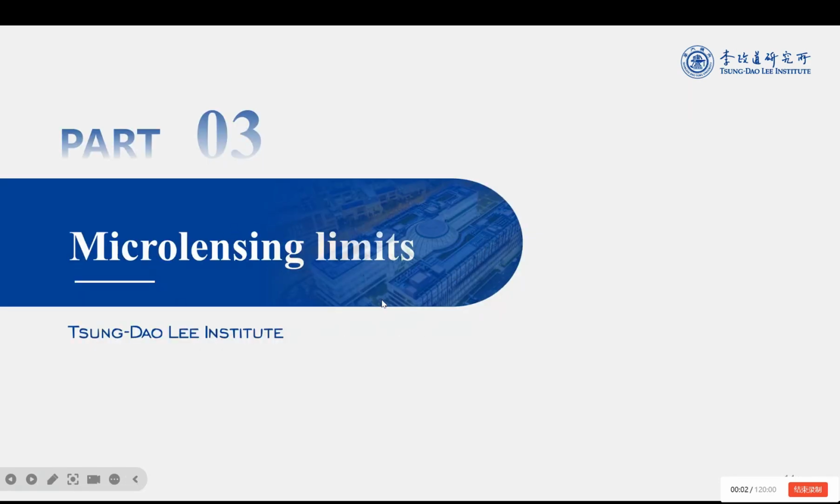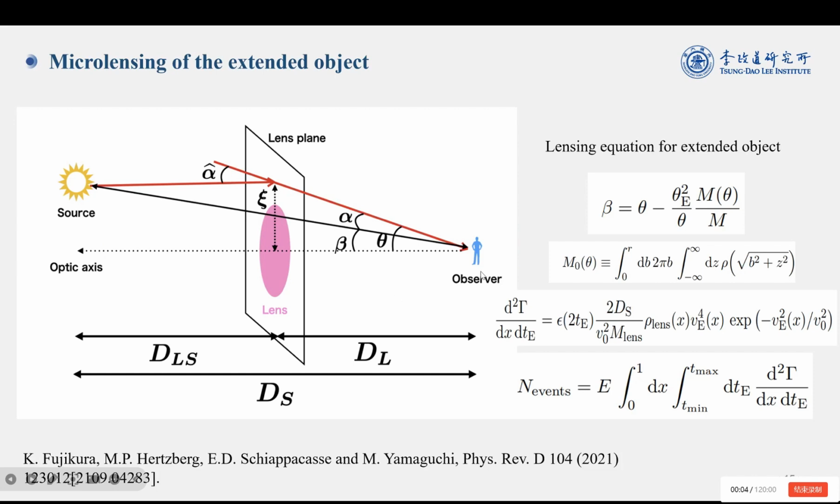Lensing limits for the axion stars. Here is the basic setup of our lensing system, where the observer and the lens determine the optical axis, and the axion star profile will project on this lens plane. And by solving the equation for the extended object, we can find the microlensing event rate and the total event number for this lensing event with the axion stars.